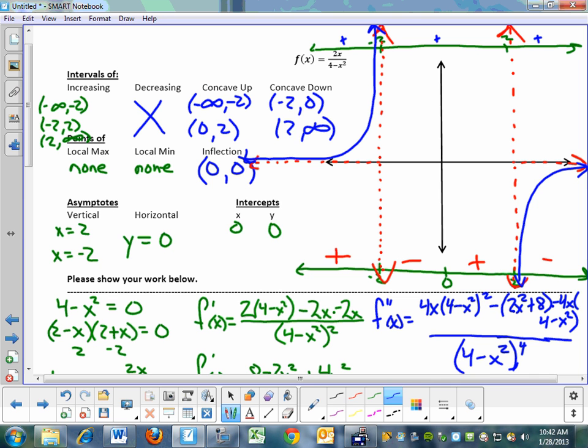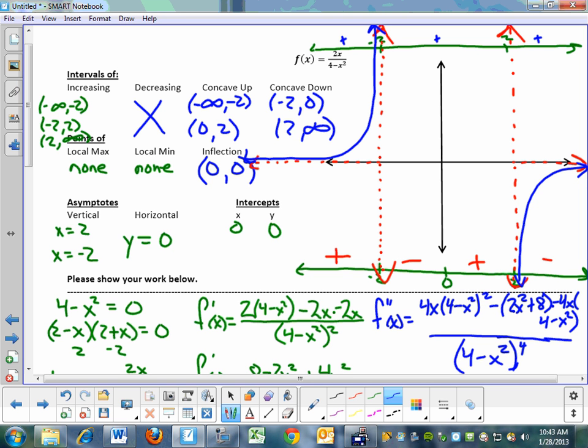Bottom one. Well, you have to follow the asymptotes. So it's either going to be like that or like that. If you're like this, you're going to be decreasing and concave up. If you're like this, you're going to be increasing and concave down. It says increasing and concave down, so that's what we want to be.